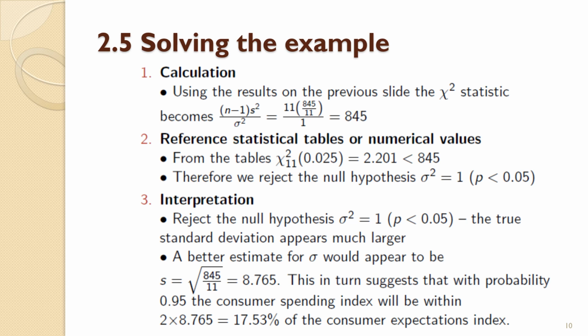So if you have this value for the standard deviation, this suggests that with probability 0.95, consumer spending index will be within 17.5% of the consumer expectation index. So potentially quite a big mismatch between consumer expectations and consumer spending.